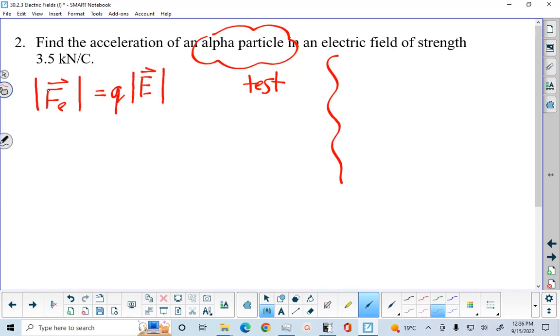And since you're asked to find the acceleration, what you're going to do is have to make use of F net equals ma. Let me rewrite that.